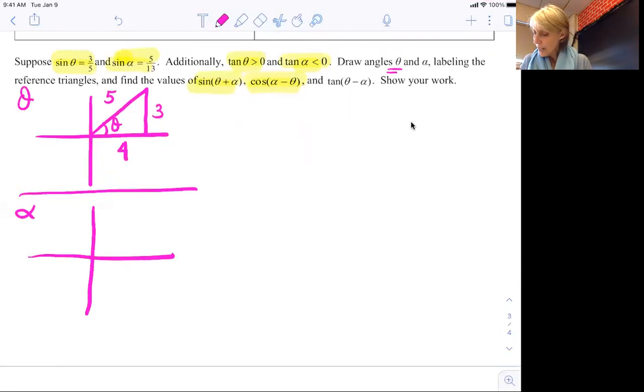Alpha, sine is positive and tan is negative. So this angle is going to be in quadrant 2. And I have opposite over hypotenuse. Now, hopefully you guys can see that this is a 5, 12, 13, and I'm labeling that negative because it's in the negative part of the x-axis.